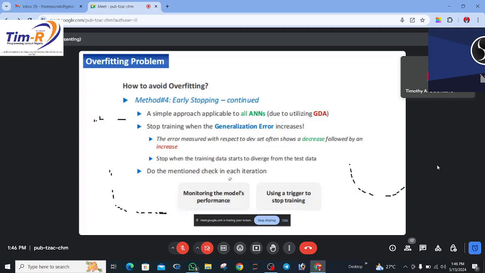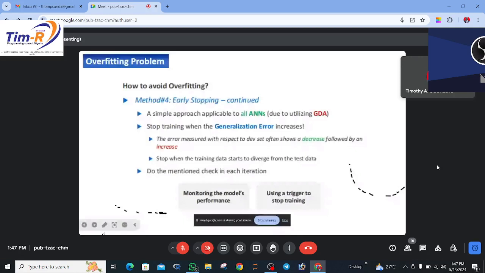We need to be monitoring the model performance and using a trigger to stop the training when we see some anomalies there. Those are some things that we need to take note of. So now let's move to the next slide.